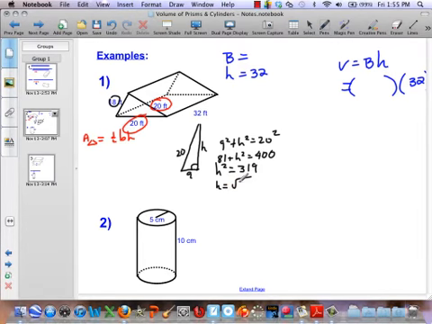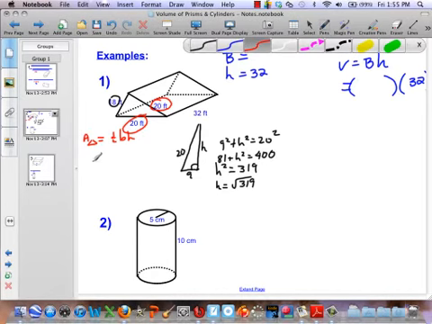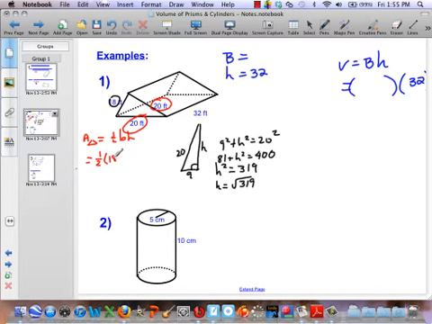And therefore h is the square root of 319. Okay, so now that we know that, we can put everything in. Area of my base is 1/2 of 18 times the square root of 319. This is definitely where your calculators are going to be useful.